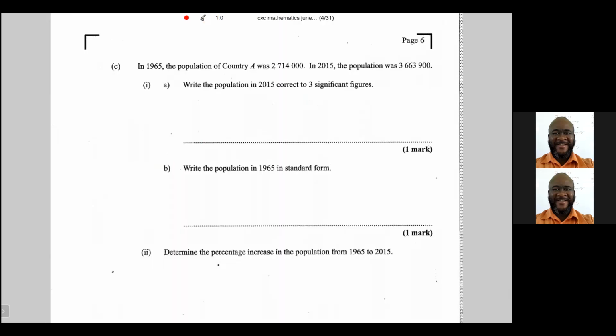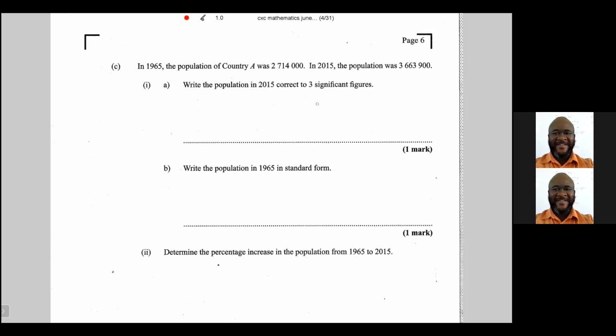All right, next, C says in 1965, the population of country A was 2,714,000. In 2015, the population was 3,663,900. A is asking us to write the population in 2015 to 3 significant figures.